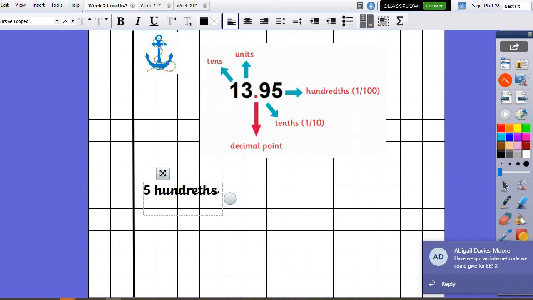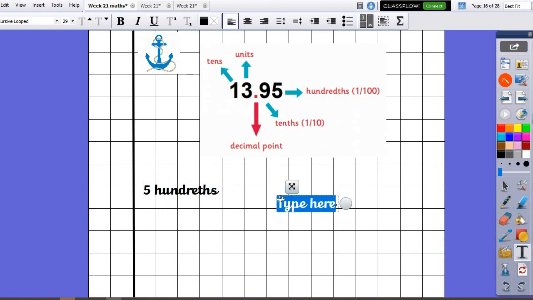Right, what about this number then? 14.58. How many hundredths are in that number? What about 478.54? How many tens are in that number?